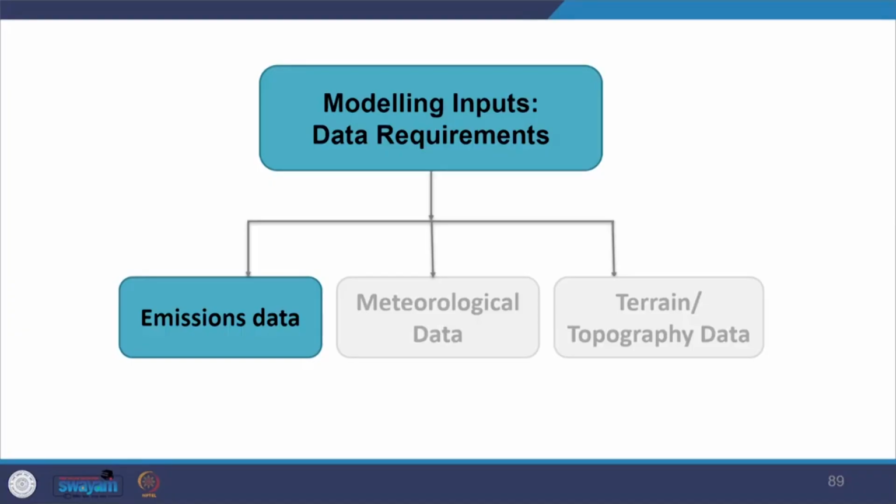Let us now look into the modeling data requirements. What kind of data will be required? For the modeling purpose you will require emission data.